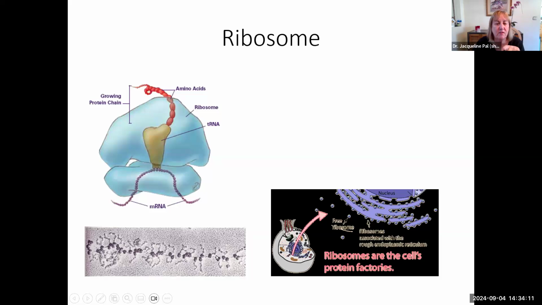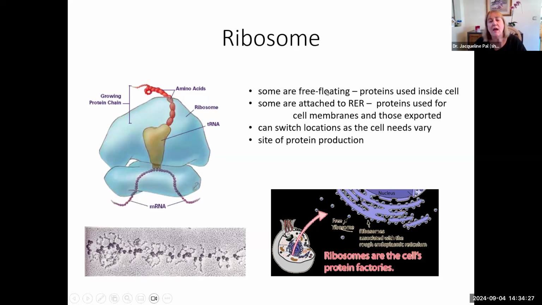Each one of these dark little balls is a ribosome. And from each ribosome, you can see a little strand of amino acids coming off. So each one of these ribosomes is actually making a protein. That's the function of a ribosome. So this actually is a transmission electron microscope because we are looking inside of our cells.